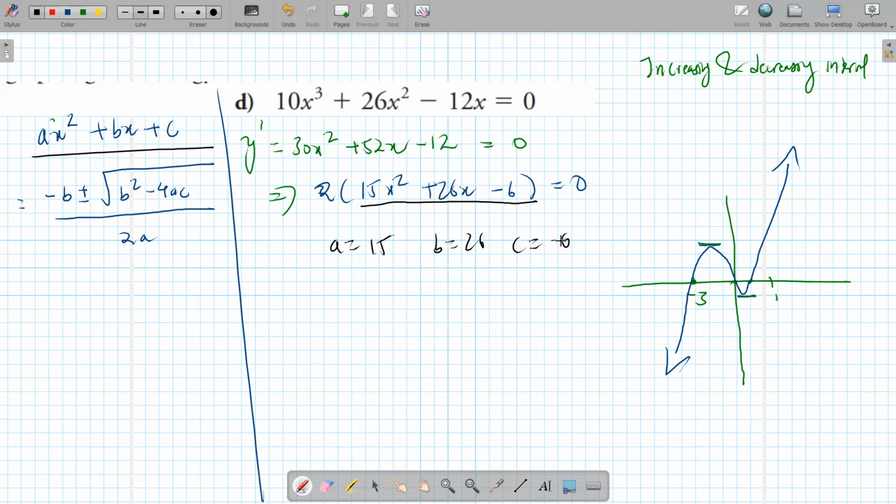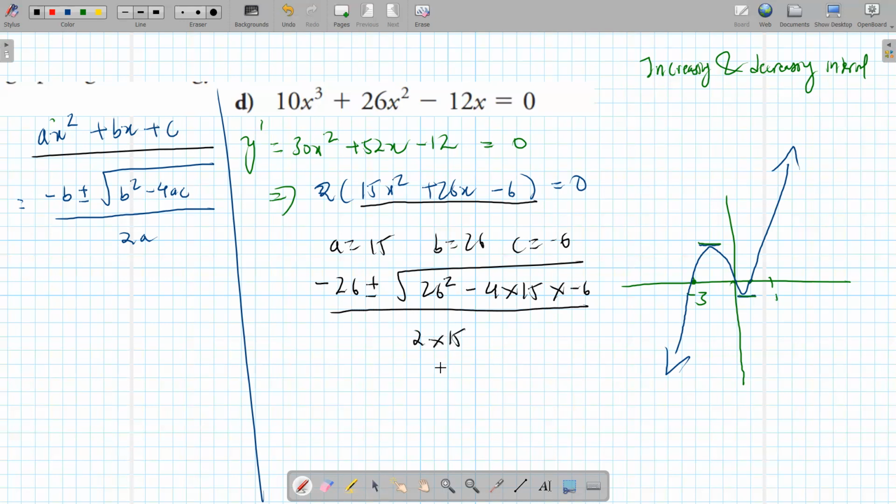What do you do next? You're going to plug it into this formula, okay? Negative b, so negative 26 plus minus the square root of 26 squared minus 4 times a, which is 15, times c, which is -6, divided by 2 times 15.